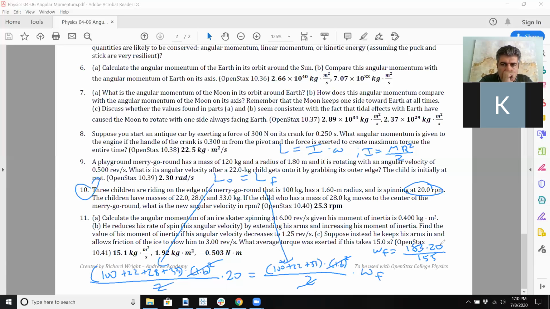m r squared over 2. Unless, if we don't look at that, maybe the 100 won't matter. So let me redo this.